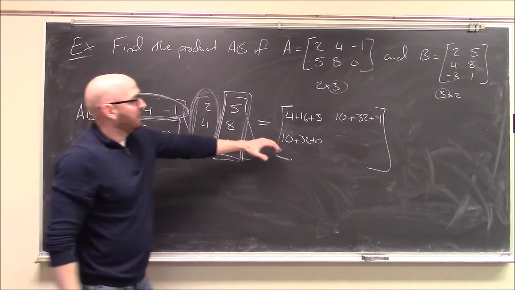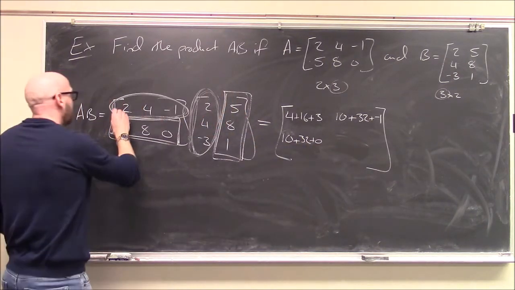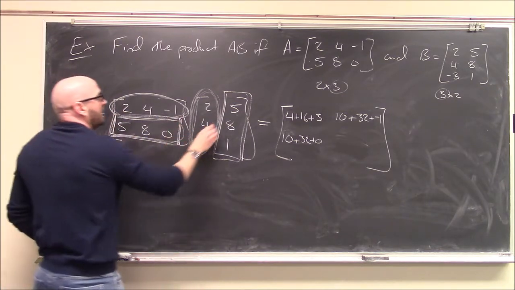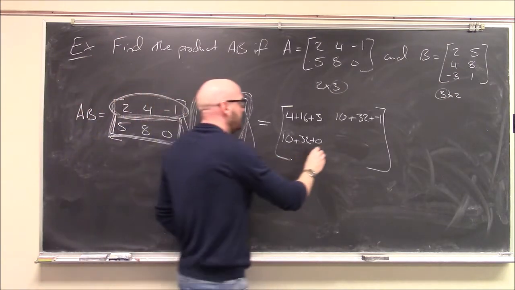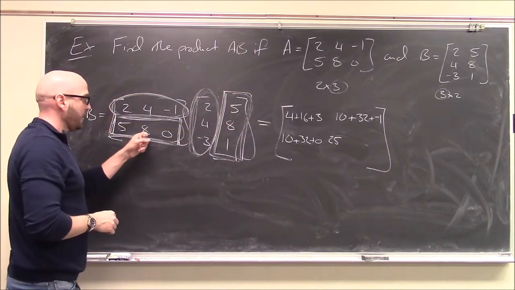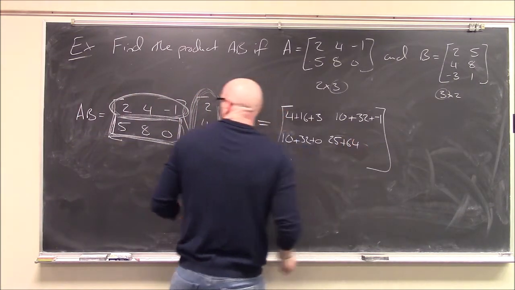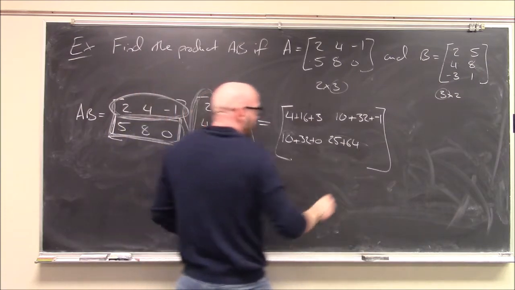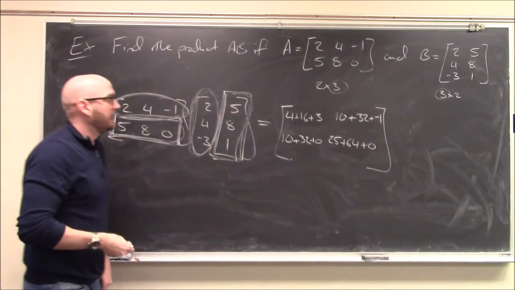Now we're in the second row, second column. So we're doing second row times second column. 5 times 5 is 25. Plus 8 times 8 is 64. Plus 0 times 1 is plus 0. And all I have to do now is simplify this.